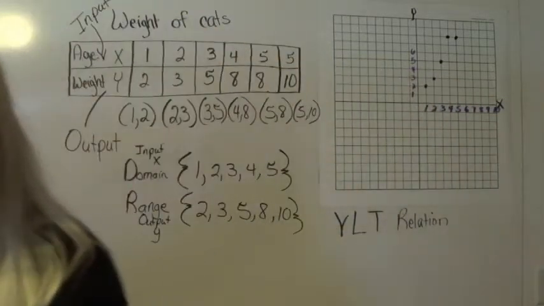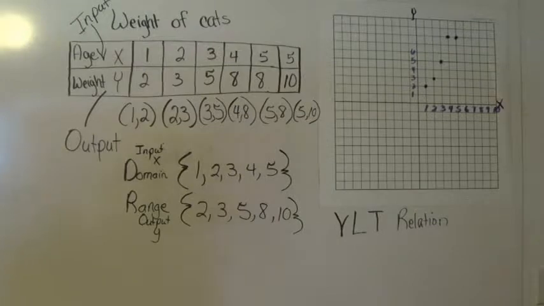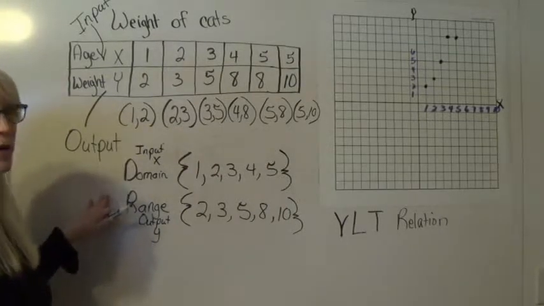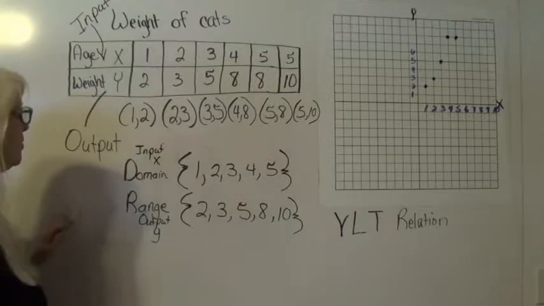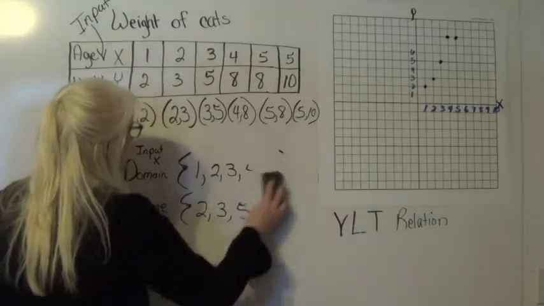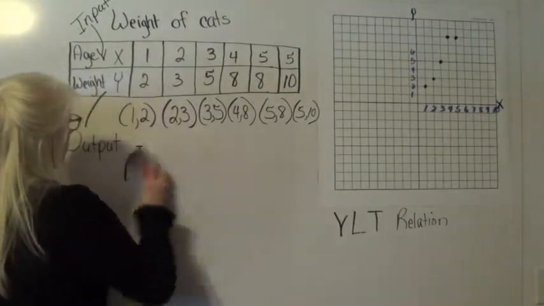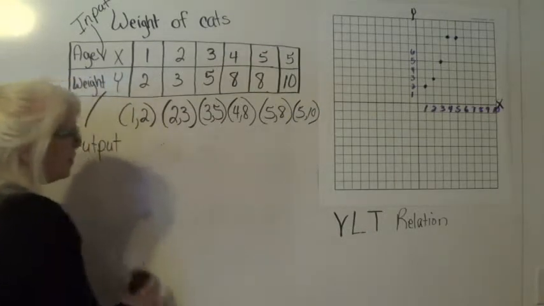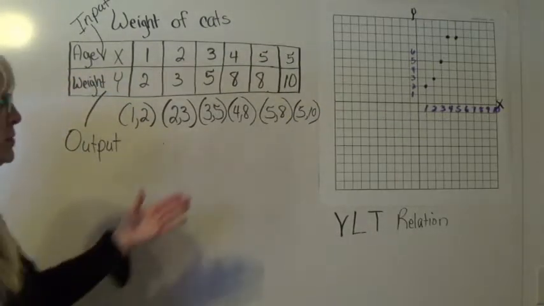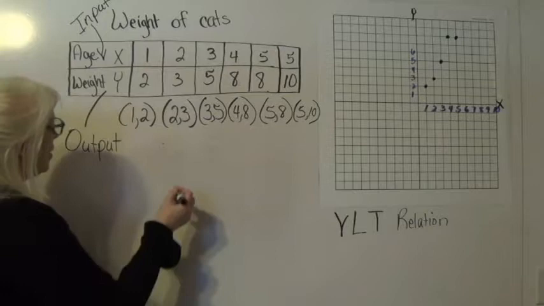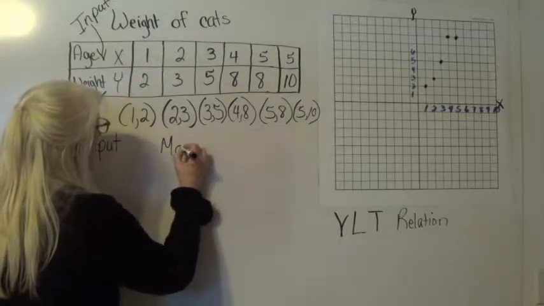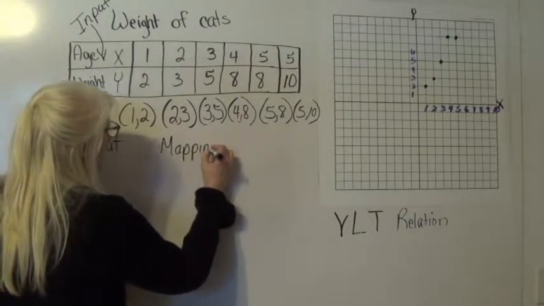So let's take a look at something else that we can do with this particular table. So you know what the domain is, your x values, you know what the range is, your y values. So let me show you something else that you're going to do with those. Besides a table and besides graphing your data, you can also make something called a mapping diagram.